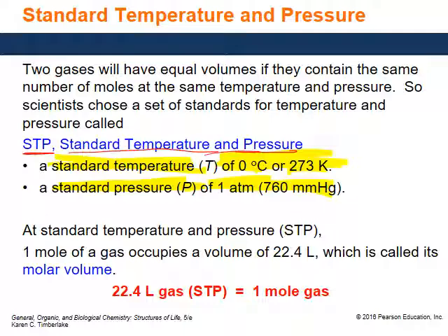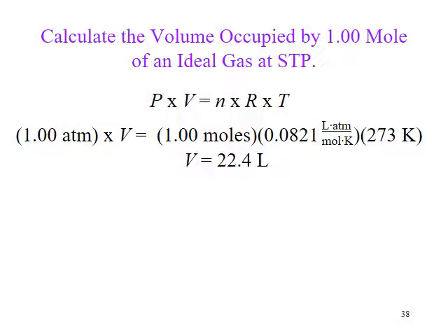The question is: calculate the volume occupied by 1 mole of an ideal gas at standard temperature and pressure conditions. So what is the volume at STP? The amount of gas is given as 1 mole, which is N. The question is asking for the volume at STP.